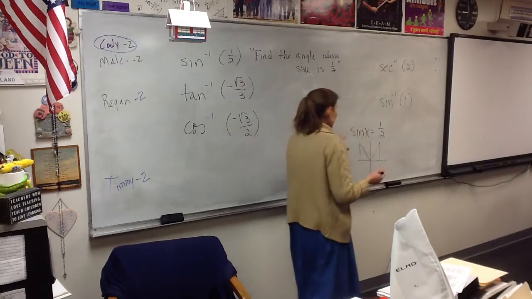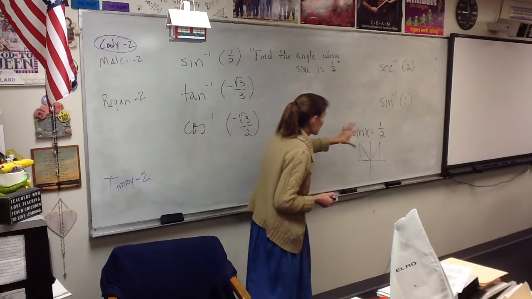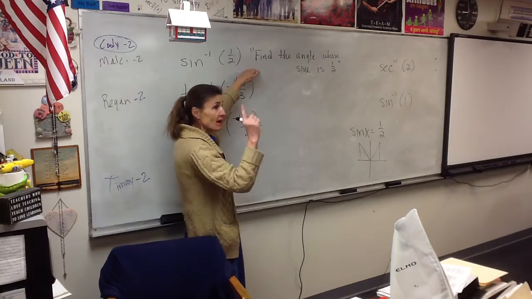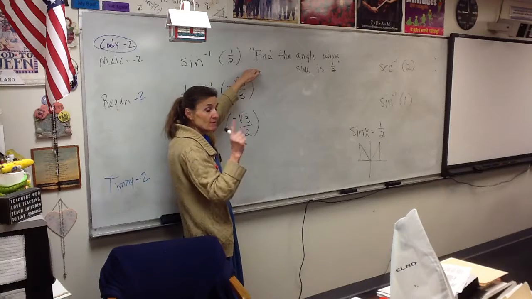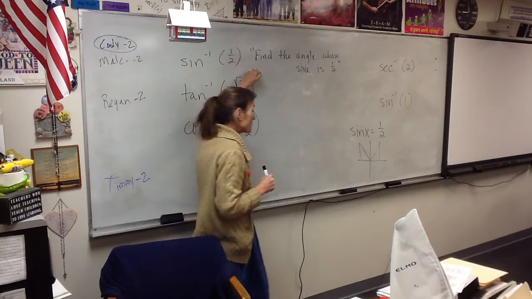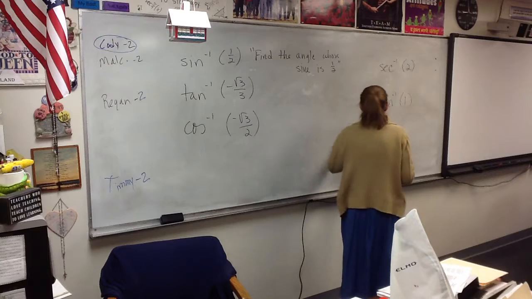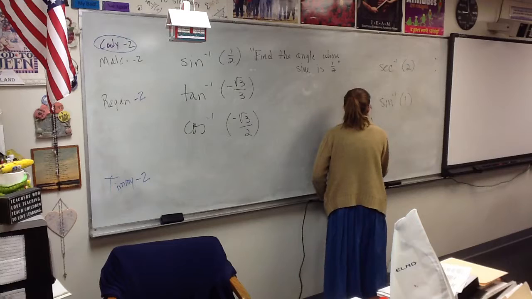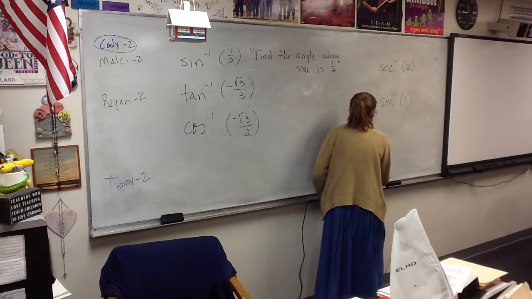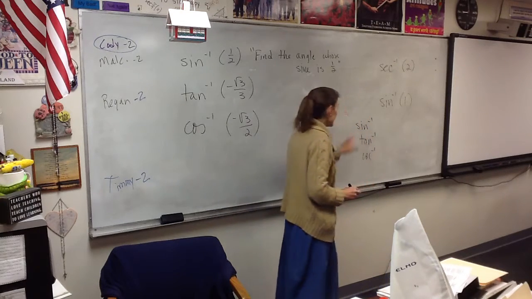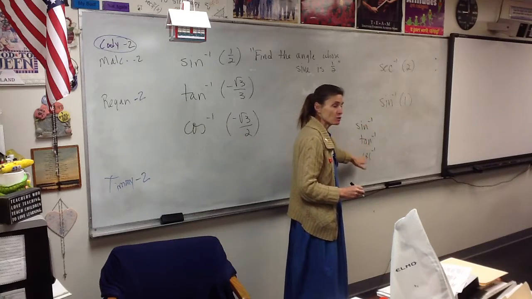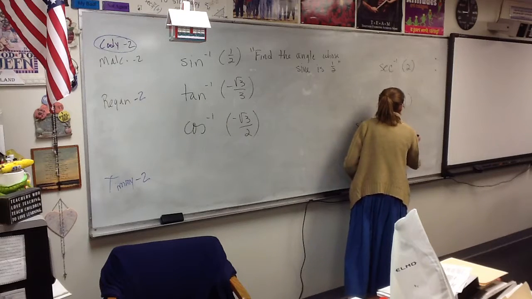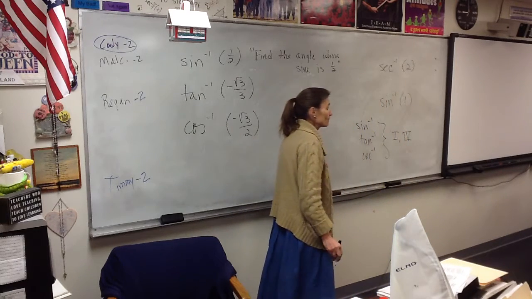Now, we got a little issue here, because there are 2 possible answers to that question, and this one is saying find the angle. So, here are the rules. If you are doing a sine, a tangent, or a cosecant problem, you will look for answers in either quadrants 1 or 4.